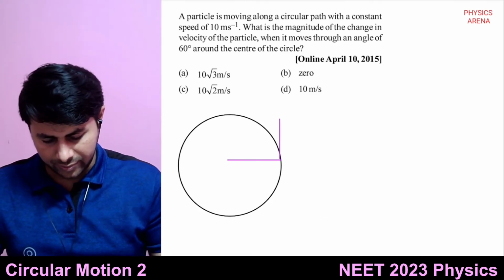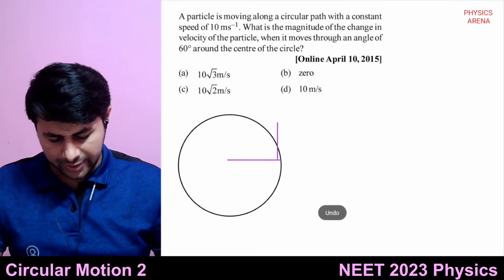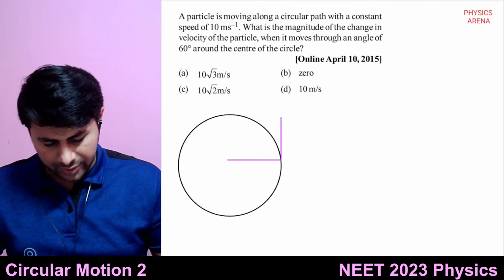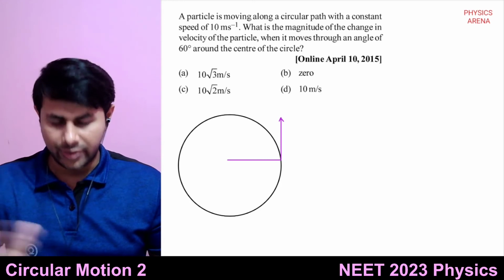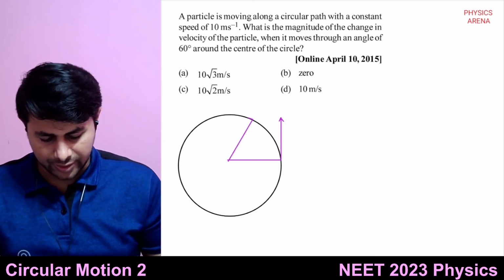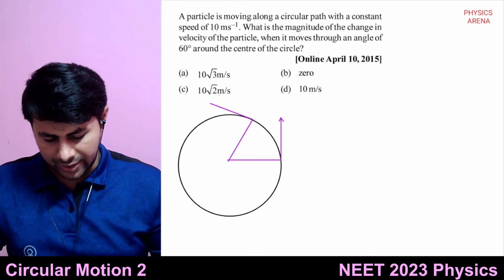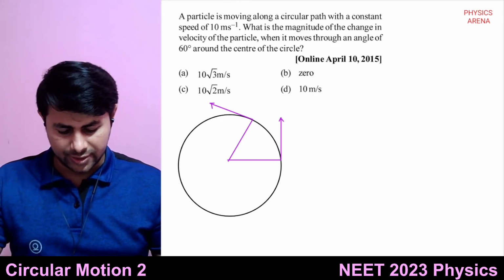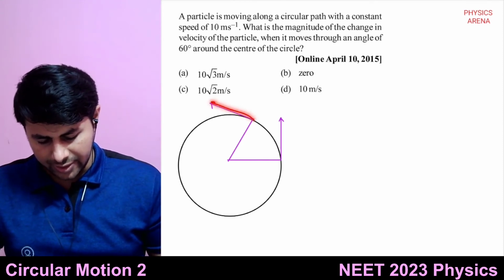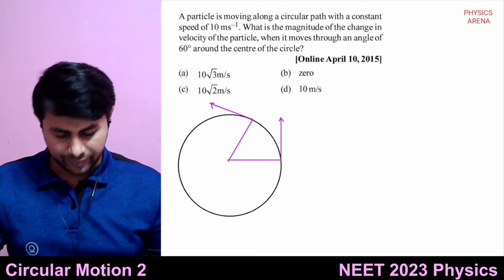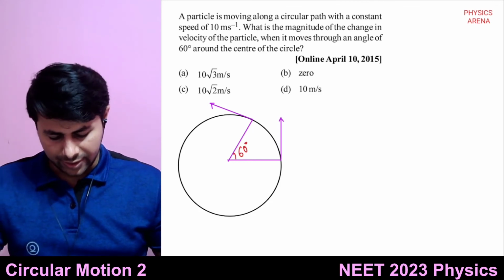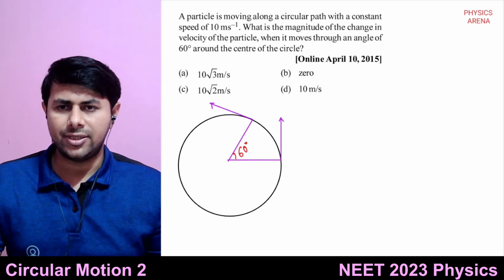Then it moves through an angle of 60 degrees, and now the velocity is directed in this tangential direction. This angle is 60 degrees, and now you are asked to find the change in velocity.